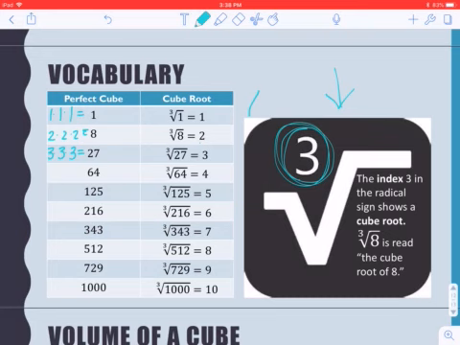This continues on. If you look down here at the example, the cube root of 343 gets me 7, because when I take 7 times 7 times 7, I get 343. So the cube root is what is undoing that cubing process.